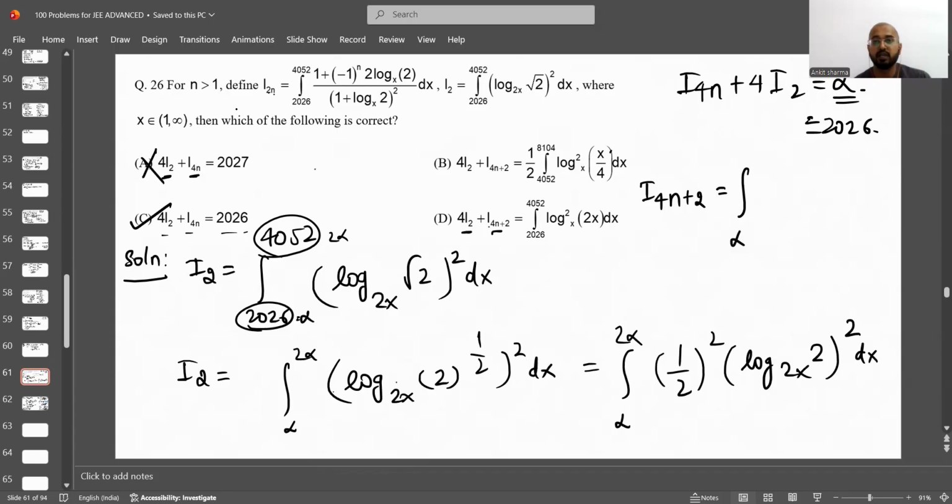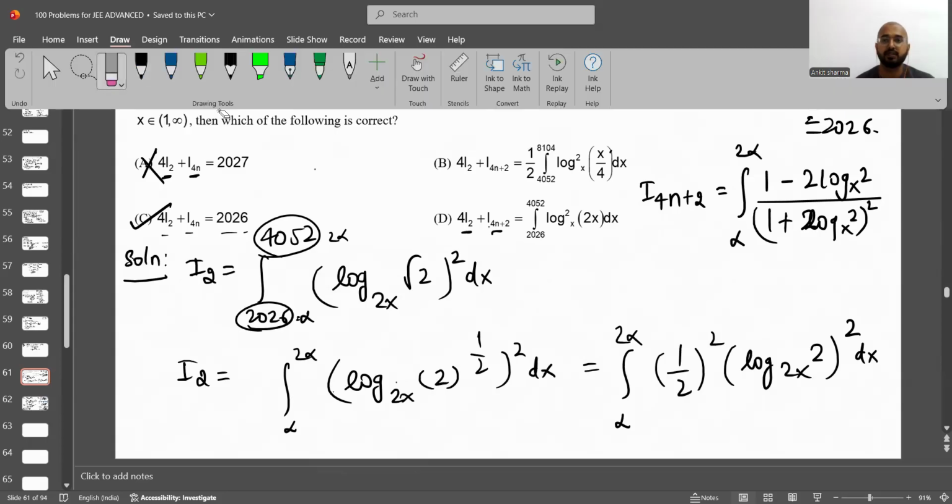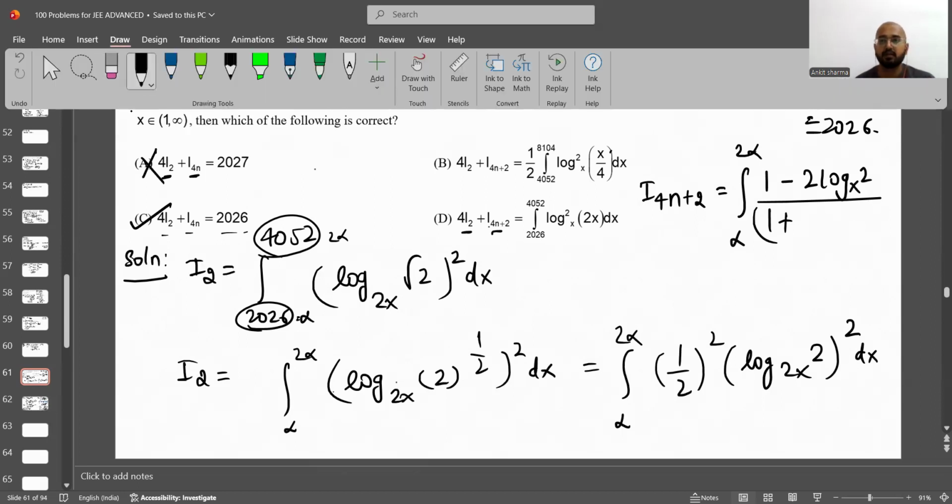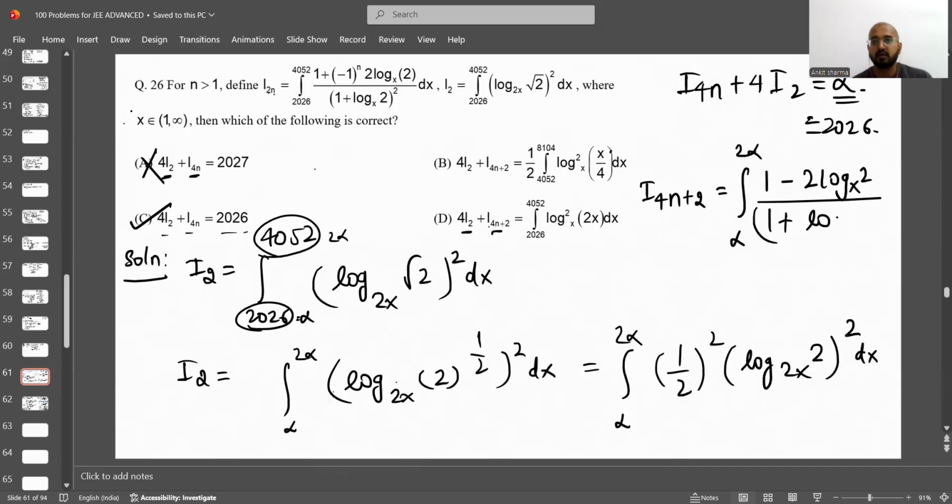So this time it is going to be alpha to 2 alpha, 1 minus 2 times log 2 base x over 1 plus log 2 over x, the whole square. So now at this portion, we have to reduce it, and we don't have to solve it. We need to convert it into some other form. So let's see up to where we can go. It's log 2 base x square dx. This is my I4n plus 2.